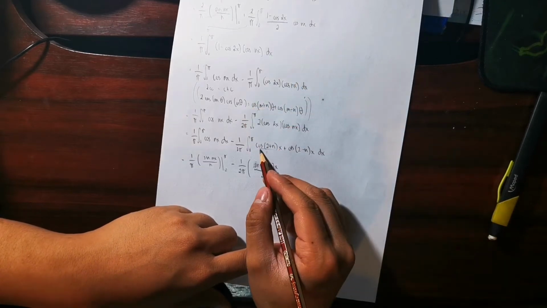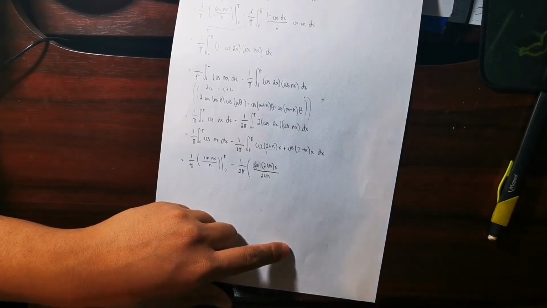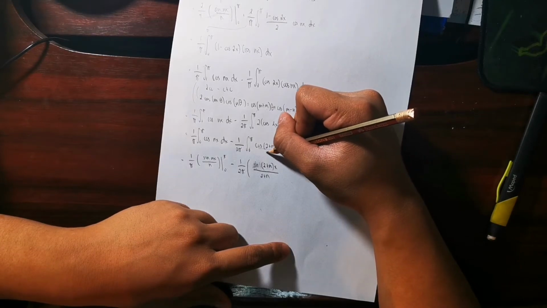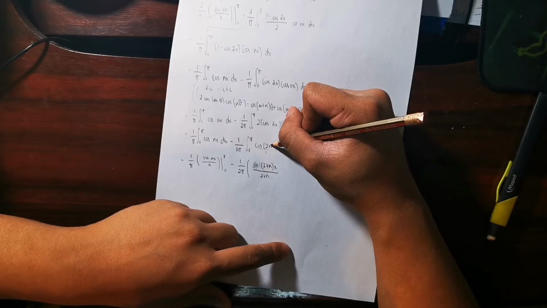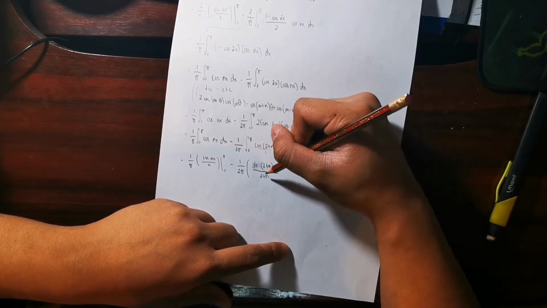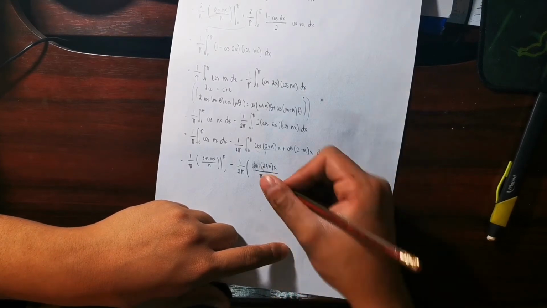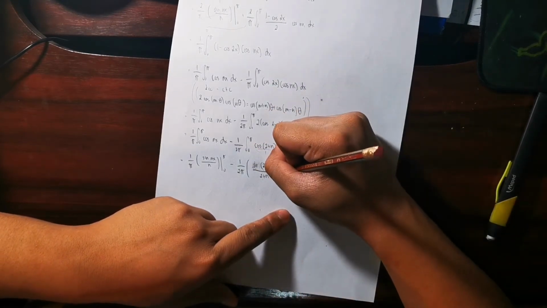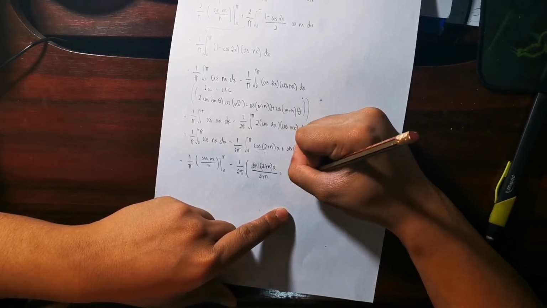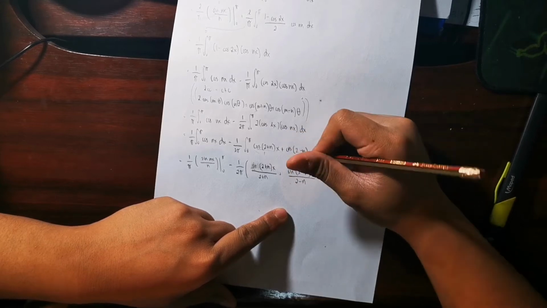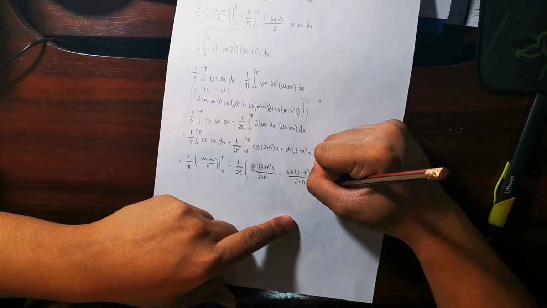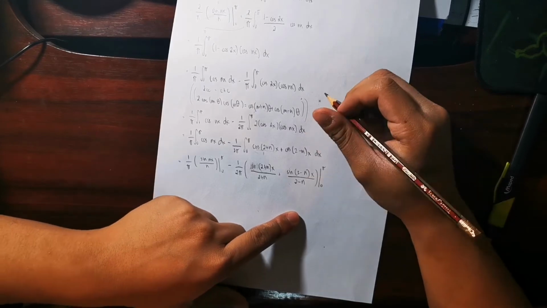To integrate this, we have a 1 value at the bottom, so we divide by the coefficient and just change cos to sine. We get sine (2 plus n)x over (2 plus n), plus sine (2 minus n)x over (2 minus n), evaluated from pi to 0.